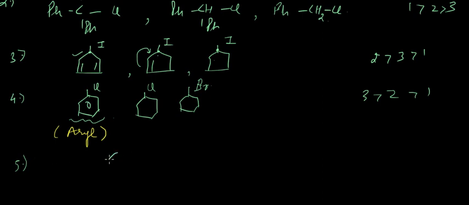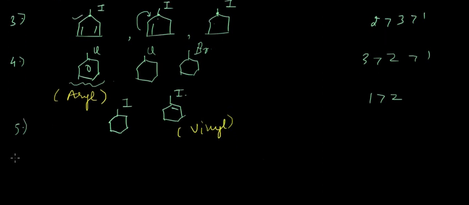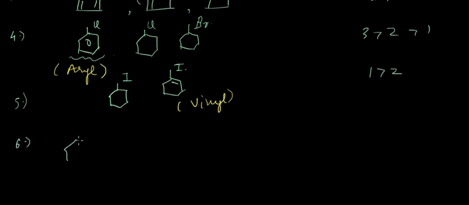Okay, we have this and this. Again 1 would be more stable than 2. Why? Because of the highly unstable vinyl cation formation in the RDS. Okay, let's discuss this between this and Br.